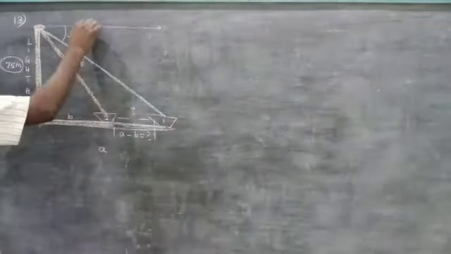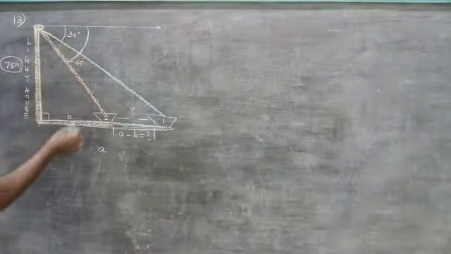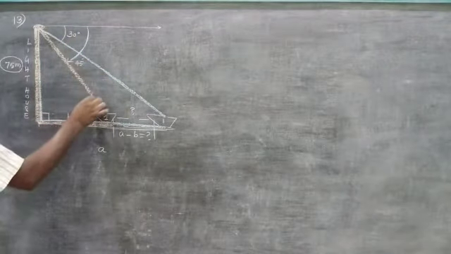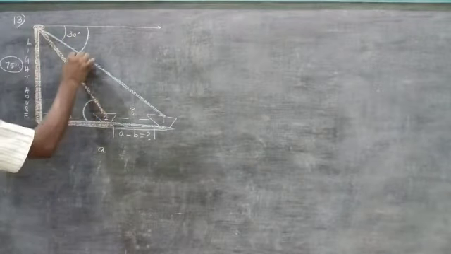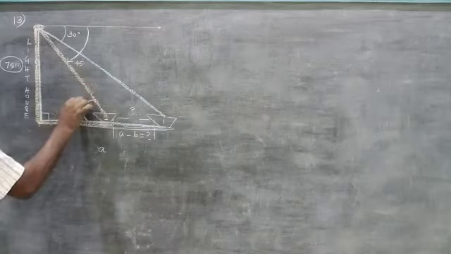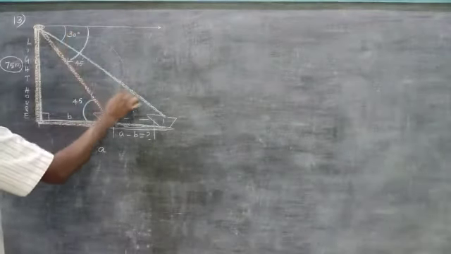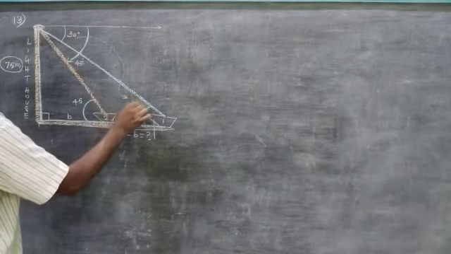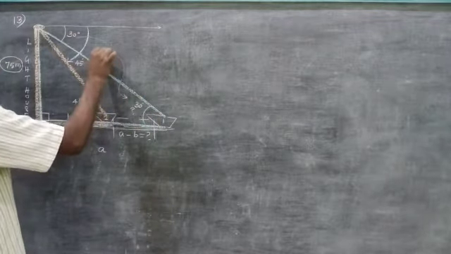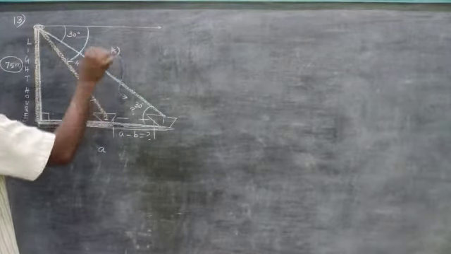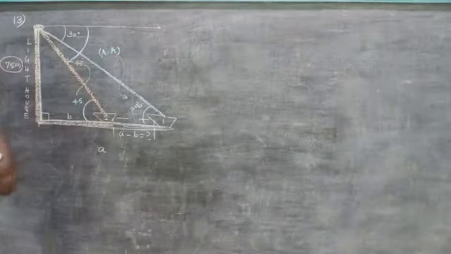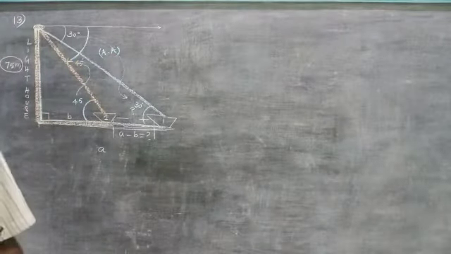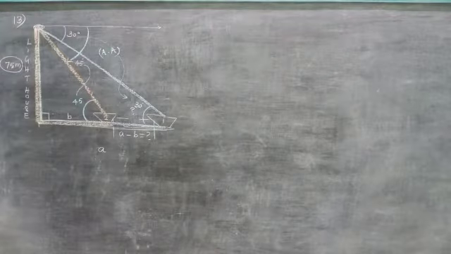This angle of depression becomes the angle of elevation here because of alternate angles. And this 30 degrees comes here as the angle of elevation, also 30 degrees because of alternate angles. Similarly, this 45 will come here. Now with this information we find the A value and B value and subtract.